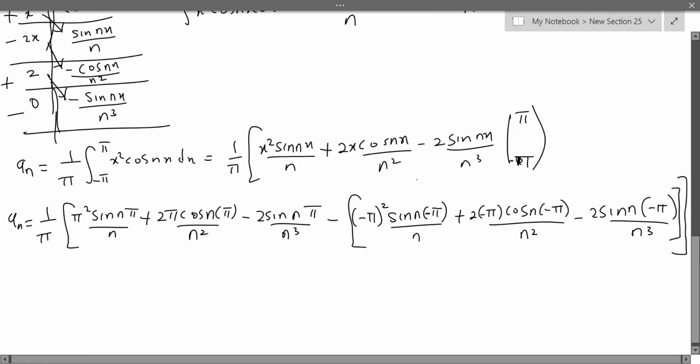I opened a semi bracket here, so I closed it, but there is a bracket I opened initially, so I closed the bracket here.